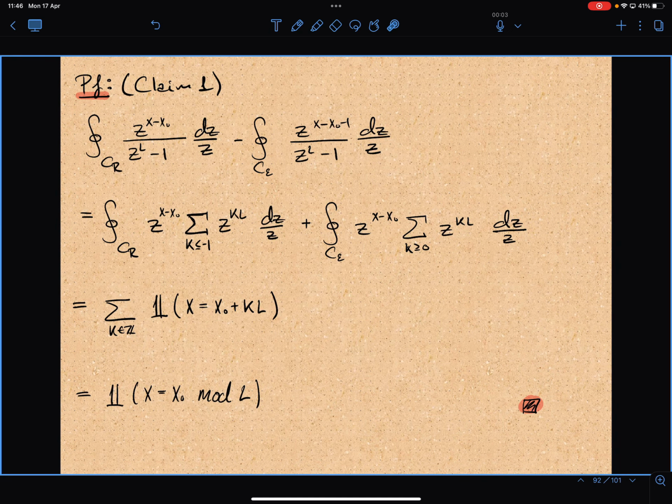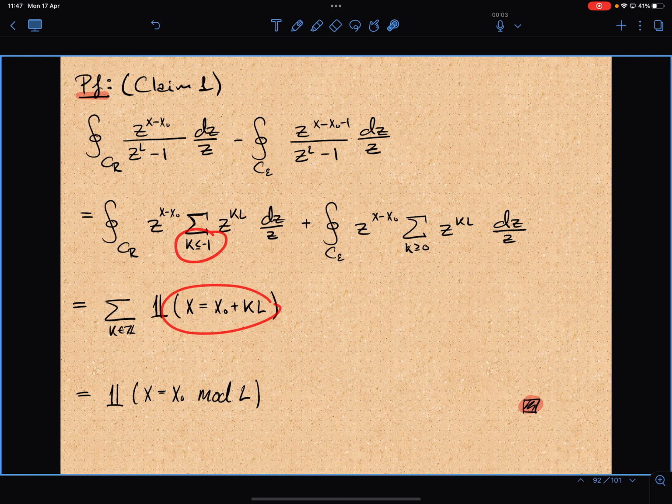So the proof of claim 1 is I have this integral, and what I do is a series expansion of the denominator on both sides, and I use the residue theorem, and this is going to tell me that this function is going to be the indicator for x equals x naught plus kL.